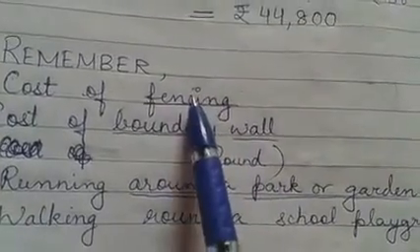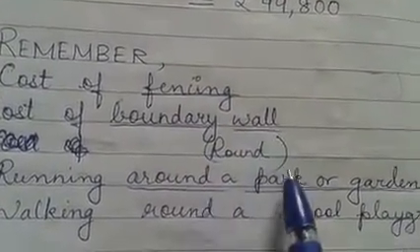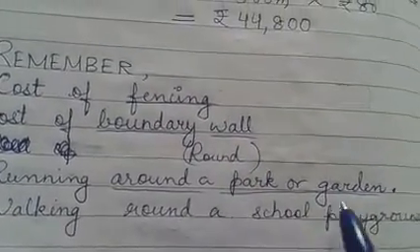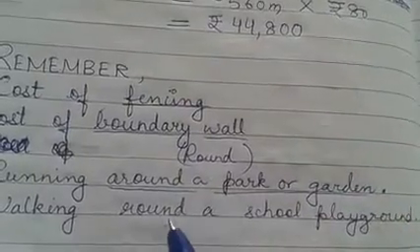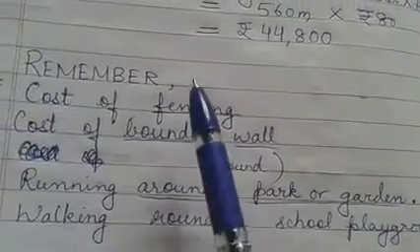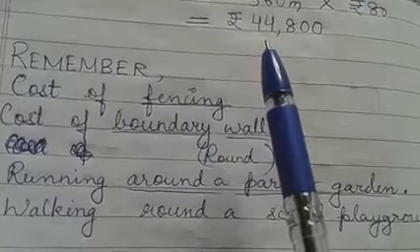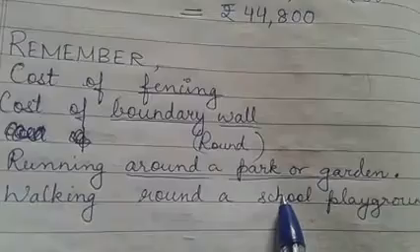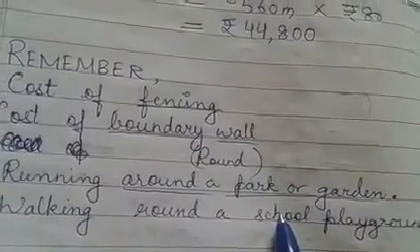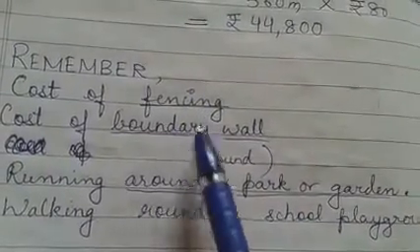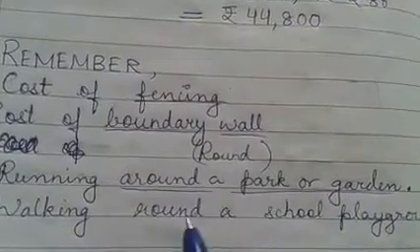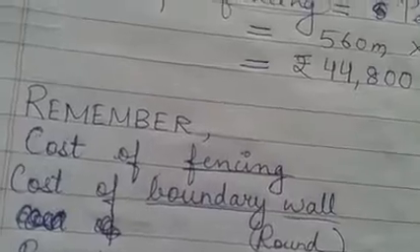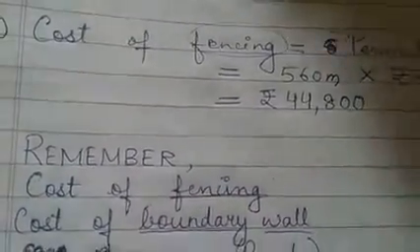So fencing, boundary wall, around a park or garden, walking around a school playground: these are all keywords related to perimeter. When this type of question comes, you have to deal with perimeter. Okay, so the ninth one is done.